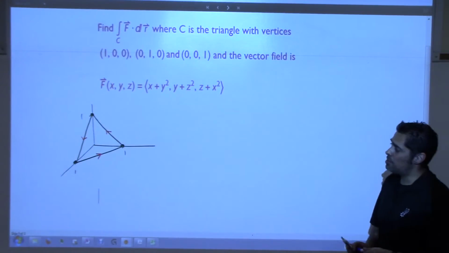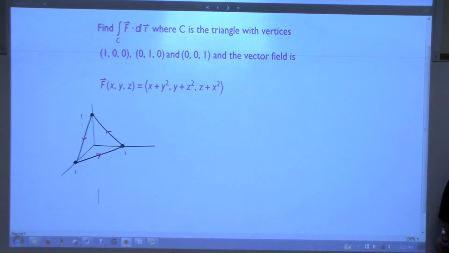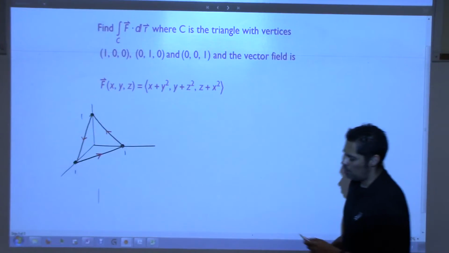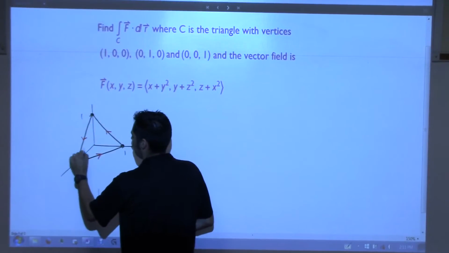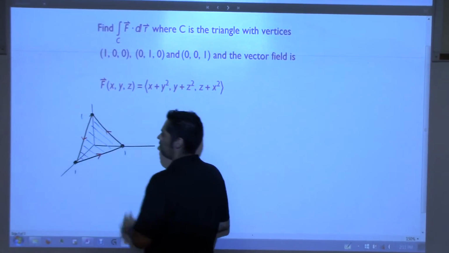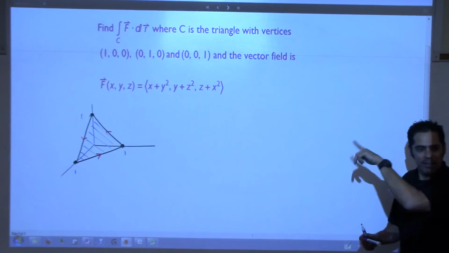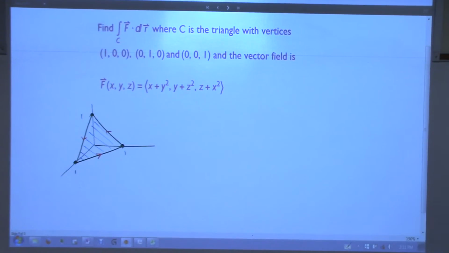So if I'm going to use Stokes', I need to see if there's a surface that has C as its boundary. Well, I think just that triangle, right? That surface right there, that triangle connecting the 3 points, that plane.